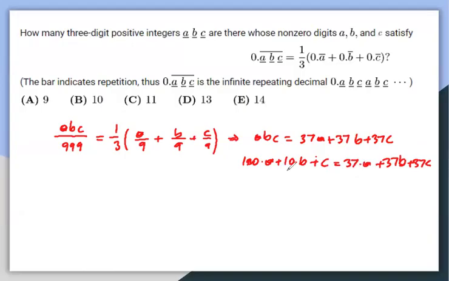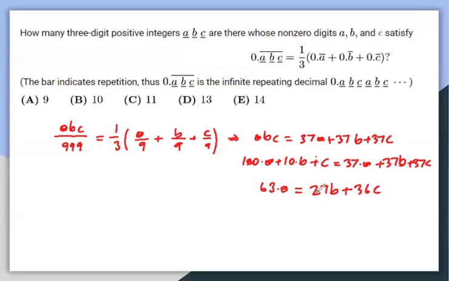If I subtract 37A from both sides, you get 63A. Then for 10B and 37B, I can subtract 10B from both sides, so you get 27B. And then subtract 1C from both sides, so you get 36C.